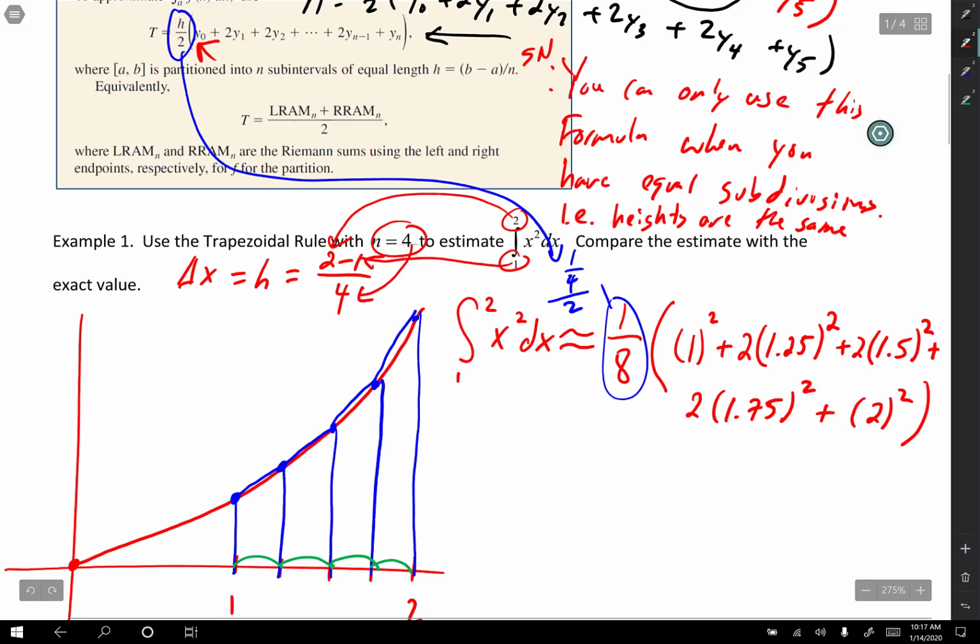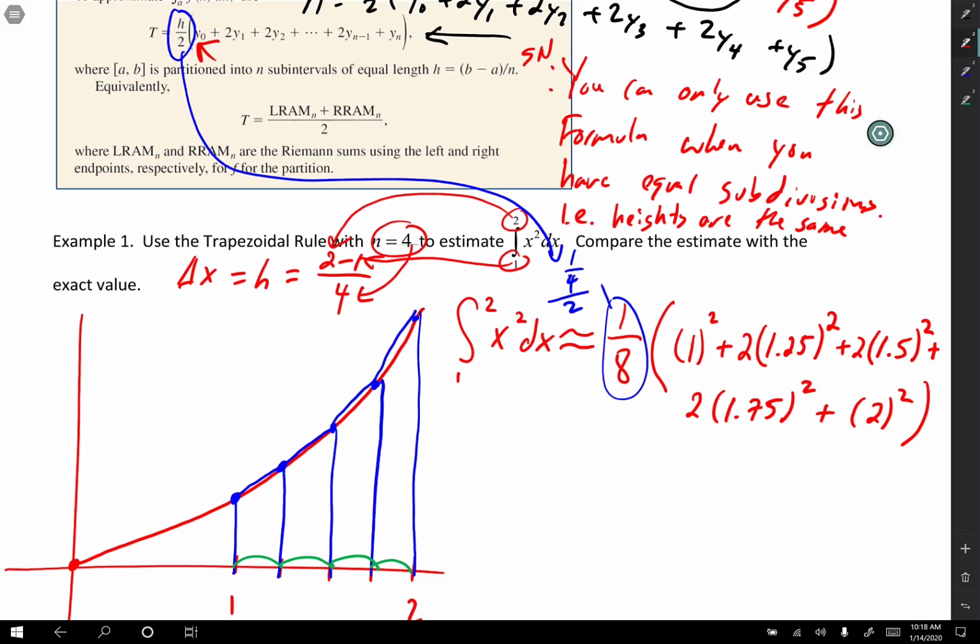And then I take my calculator and calculate this. There's my calculator up there. I'm going to do all the inside stuff first. 1 squared, plus 1.25 squared, plus 2 times 1.25 squared. Maybe it's faster if you type it into the y equals, maybe not.